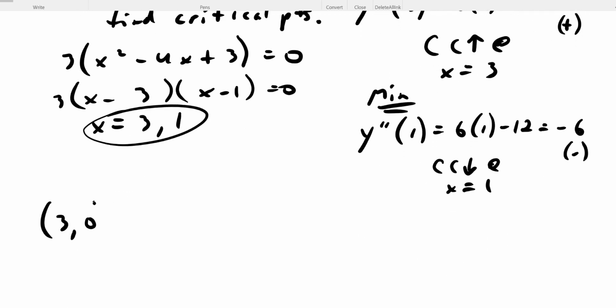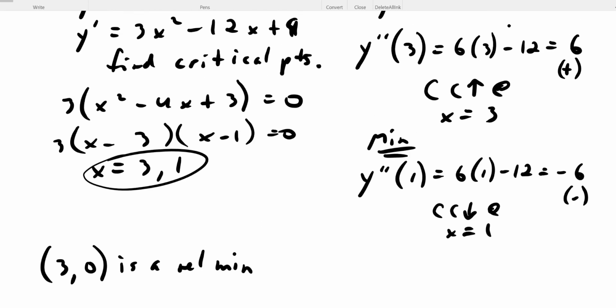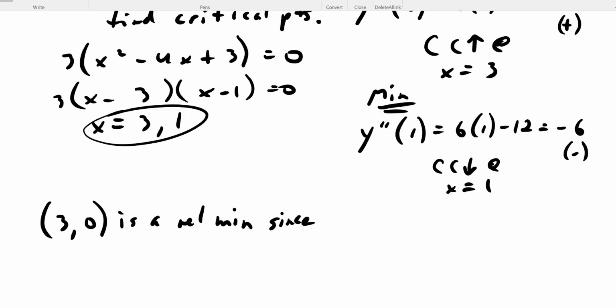So 3 comma 0 is a relative minimum because it was concave up, since y prime of 3 equals 0 and y double prime of 3 is greater than 0.